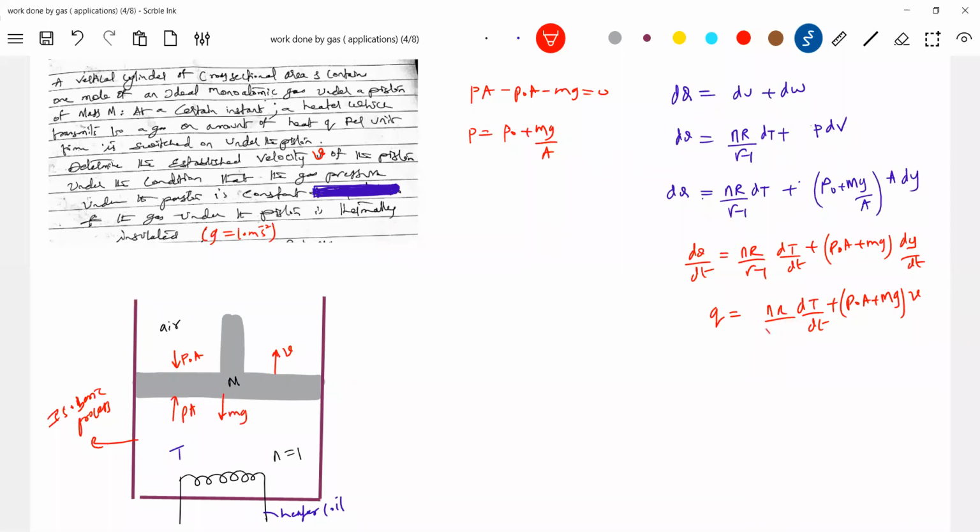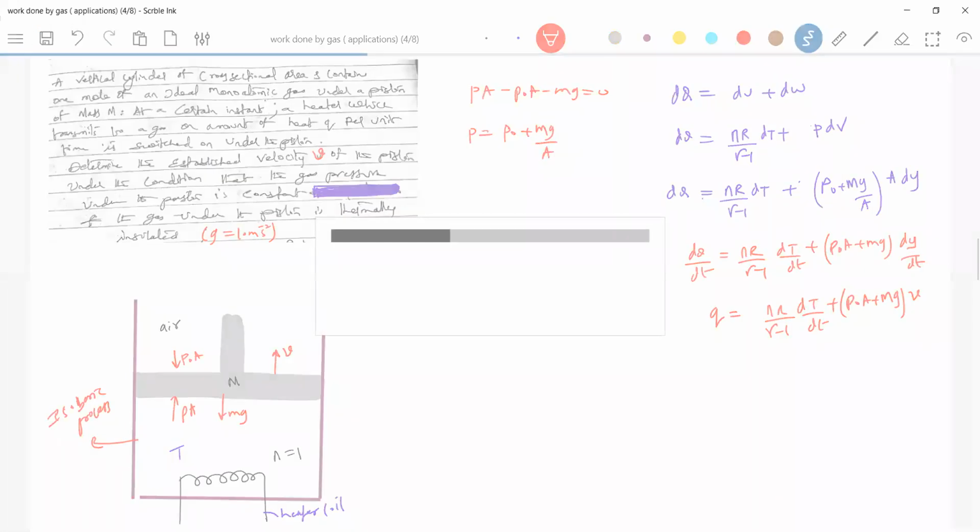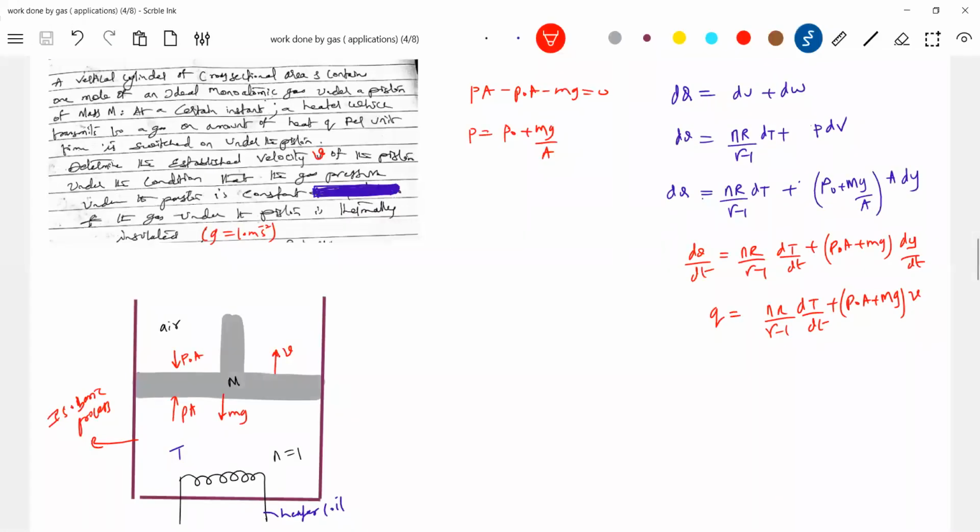1 mole is there, I'll replace that. What to do with this dT? A student must think. It's not that something directly happens and I go and write the answer. No, go back to the first law of thermodynamics and analyze. The biggest problem is that we don't know this rate of change of temperature. What is the process? Isobaric process.